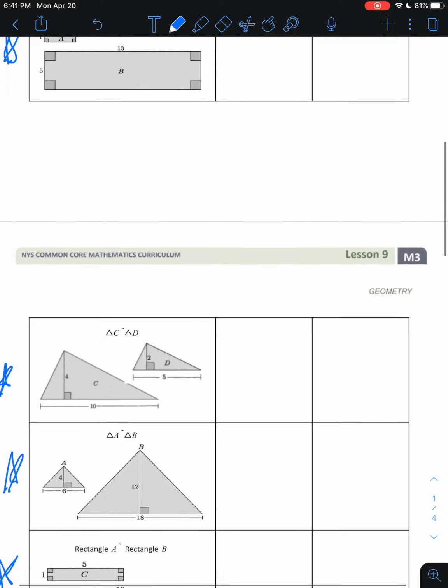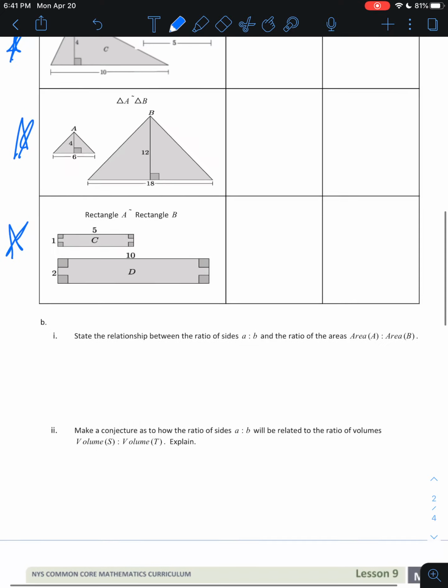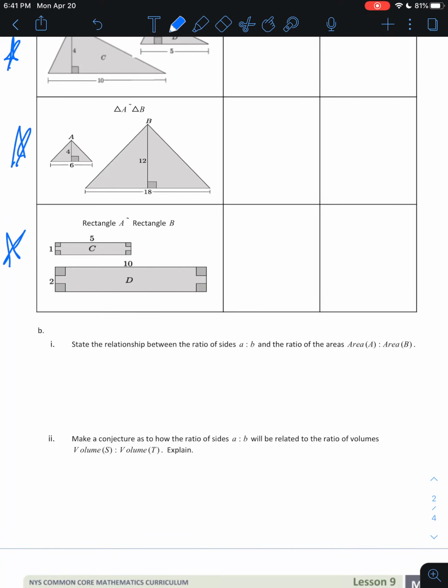So if we come back to this question, if the ratio of sides is A to B, then the ratio for areas will be A squared to B squared. So whatever number A is, you square it over here, and whatever number B is, you square it over here.